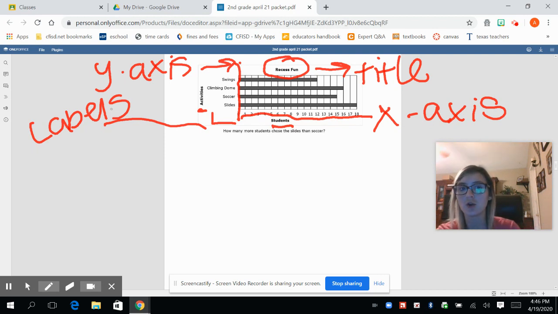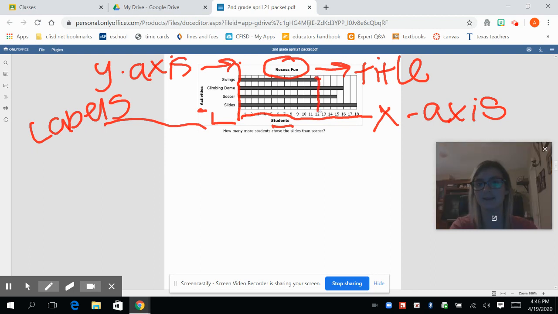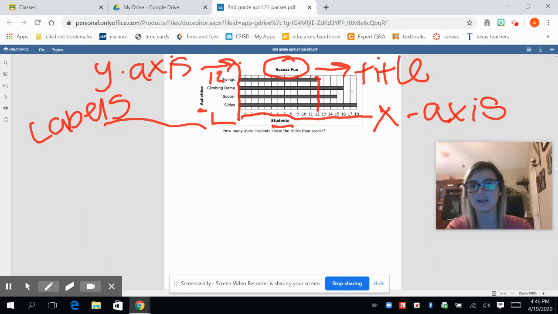When we are looking at each bar, we want to first figure out how many are on each line. For swings, if we follow the bar and see where it stops and goes down, it's at a 12. So on swings, there are 12 students. Let's look at the climbing dome and see where it goes down.